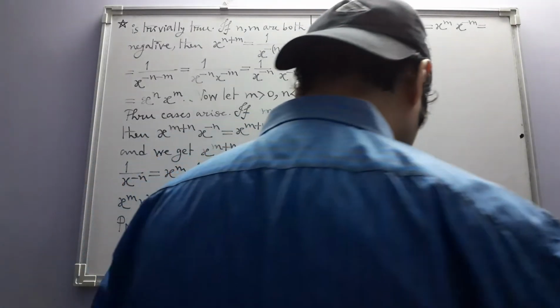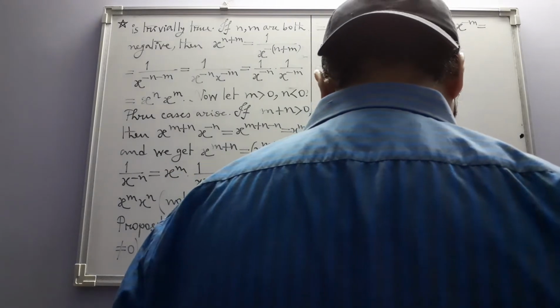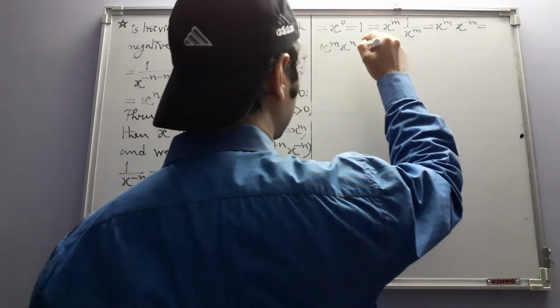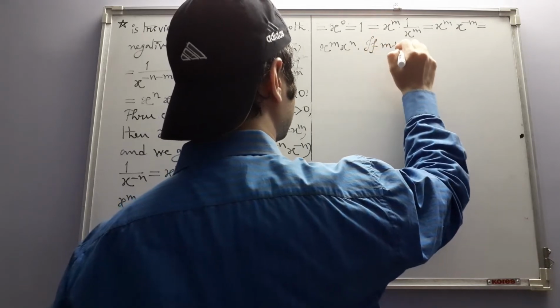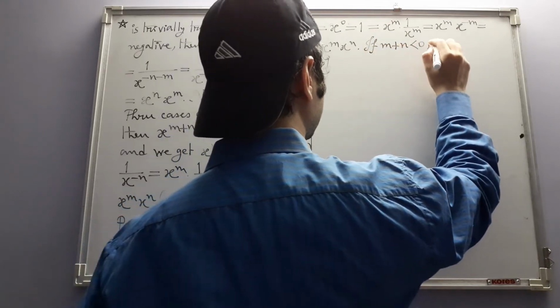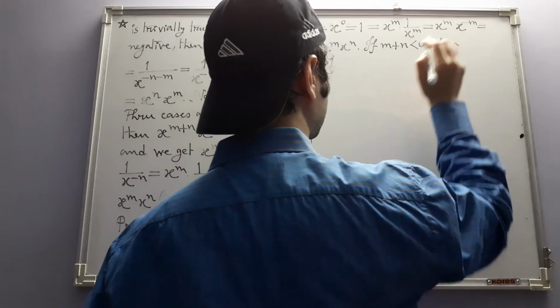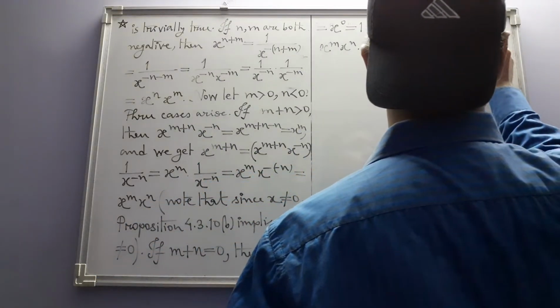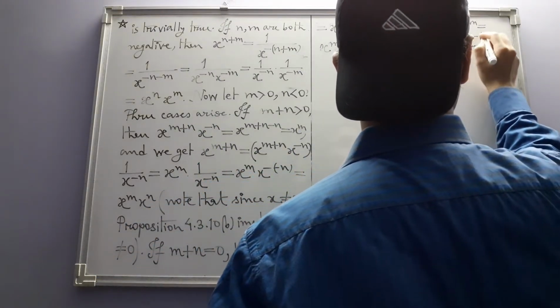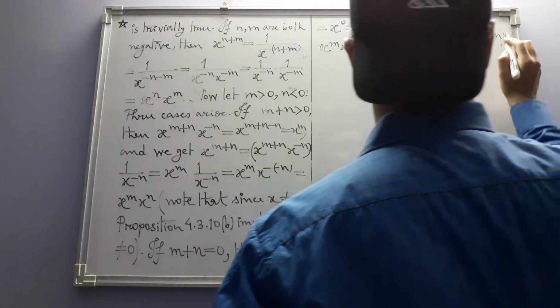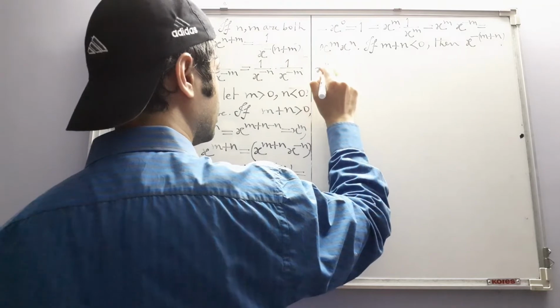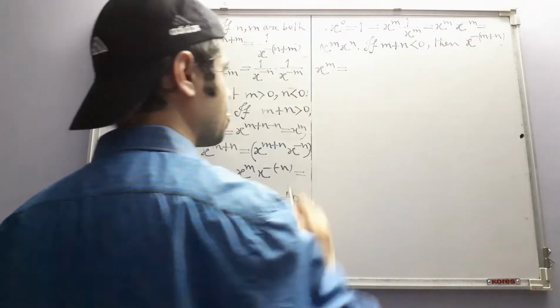And finally, we are left with the case where m plus n is negative. If m plus n is negative, then x to the power minus of m plus n times x to the power m.